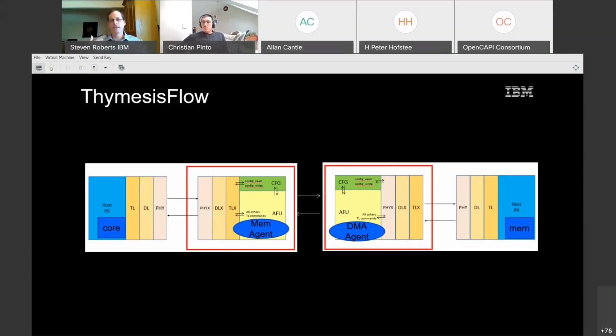And if you implement the AFU on the core side as a memory agent and on the lender side as the DMA agent, you're able to connect a link where the P9 host on the left is able to do load store accesses to host memory on the right, with the MI flow system.